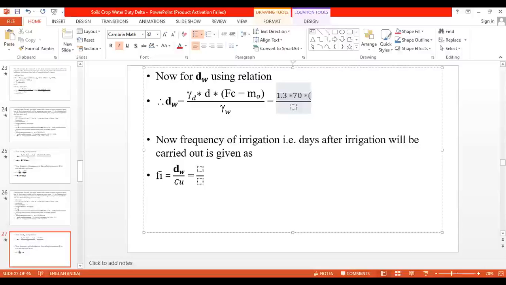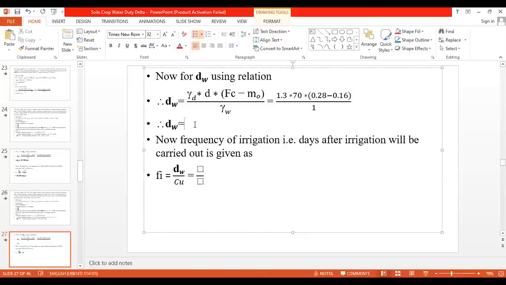They have given us the field capacity as 28%, that is 0.28 minus optimum moisture content, which is 0.16, divided by gamma W as 1. It gives us a value for dW.